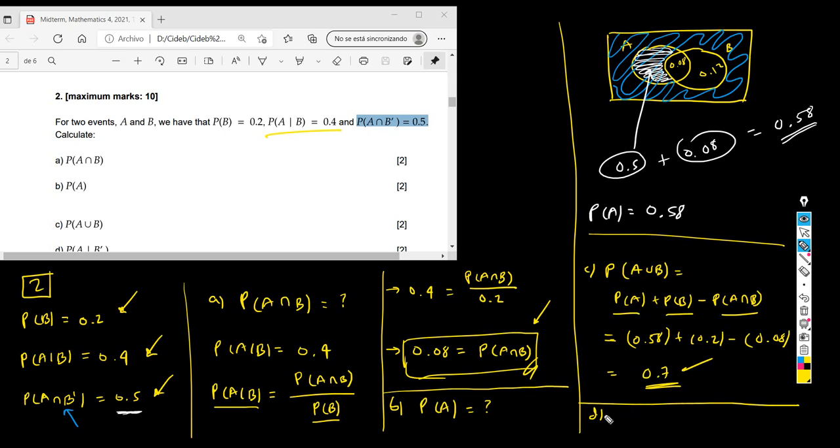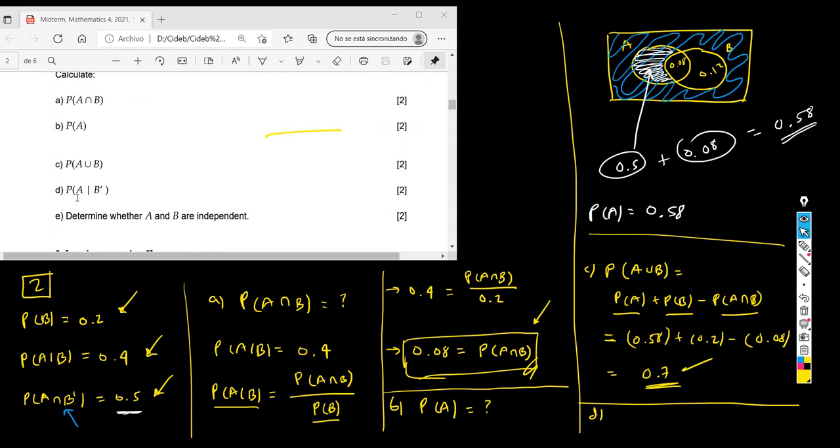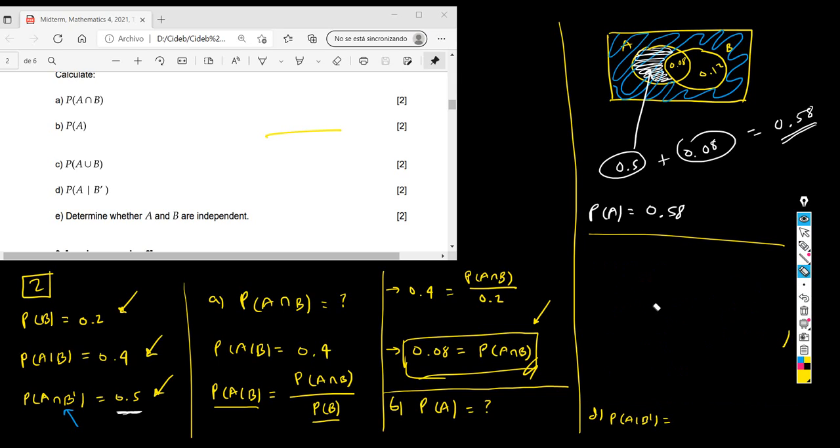Let's see if we can finish here. Now D. Find the probability of A given B prime. By definition, this is equal to the probability of A intersection B prime over the probability of B prime, right?